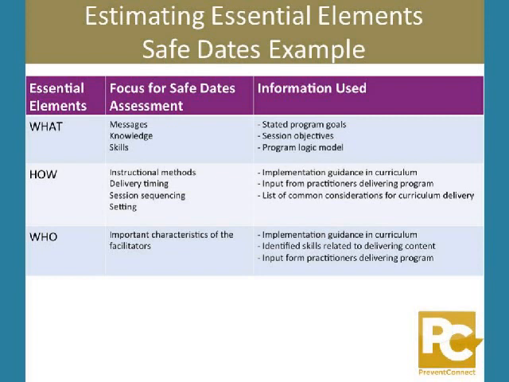So the setting itself and identifying the session sequencing, which came from the guidance in the curriculum. The list of common considerations for curriculum delivery we brought to the table from the work we had done on adaptations.